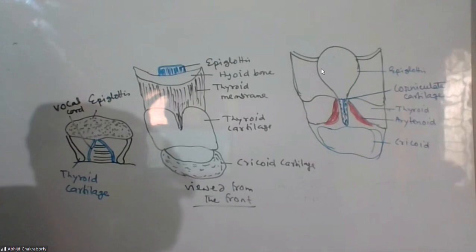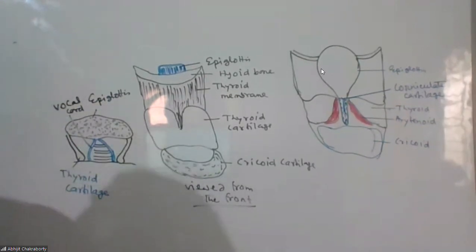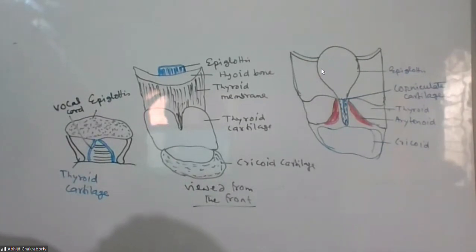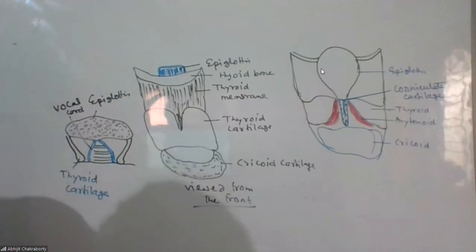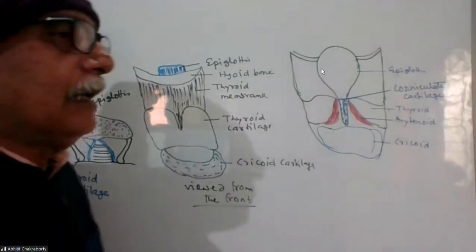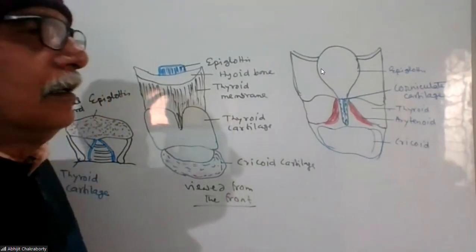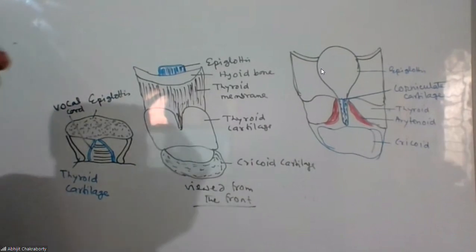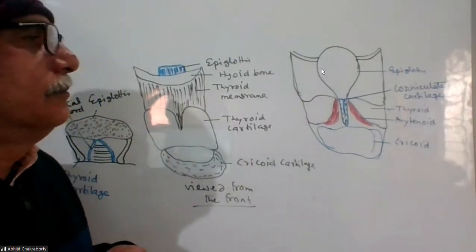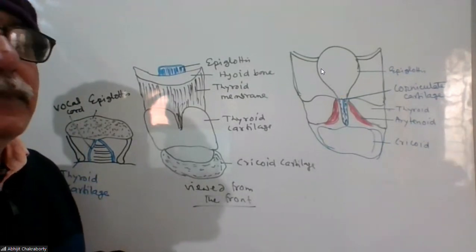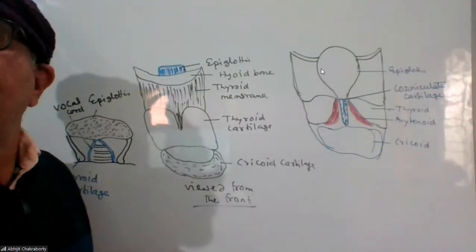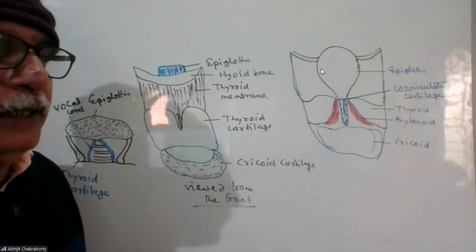And cuneiform cartilage connects the epiglottis to the arytenoid cartilage. Clear up to this?